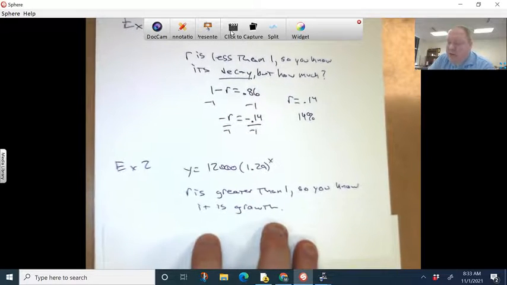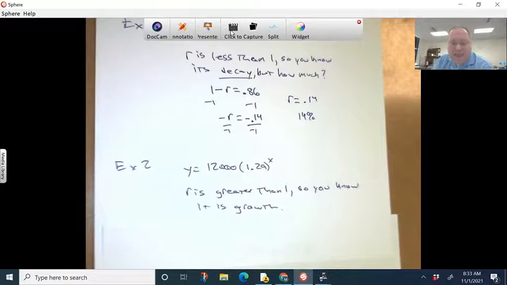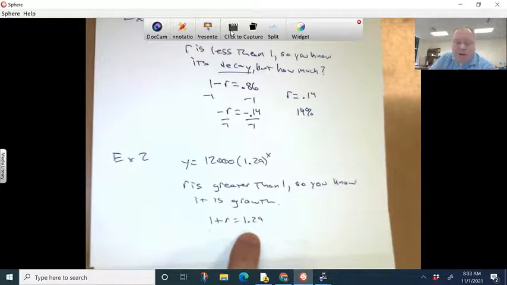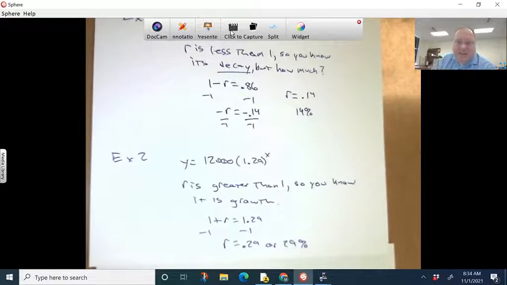So then, in order to find out what the percent is, I write it as 1 plus R equals 1.29. Then I subtract 1 from both sides, and I get R equals 0.29, or 29%. Clearly, the growth one is easier to see.